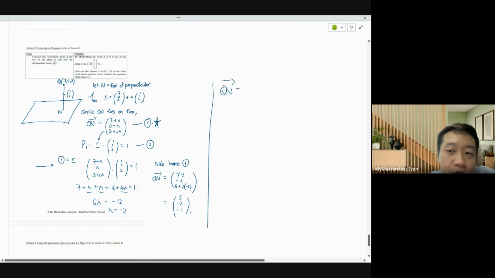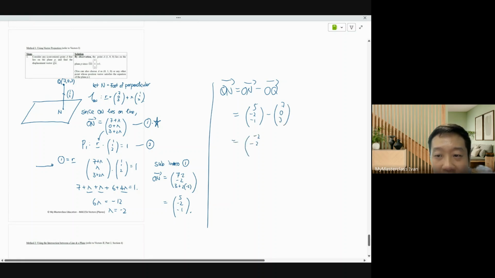QN equals ON minus OQ, which is 5, negative 2, negative 1 minus 7, 0, 3, which gives negative 2, negative 2, negative 4.